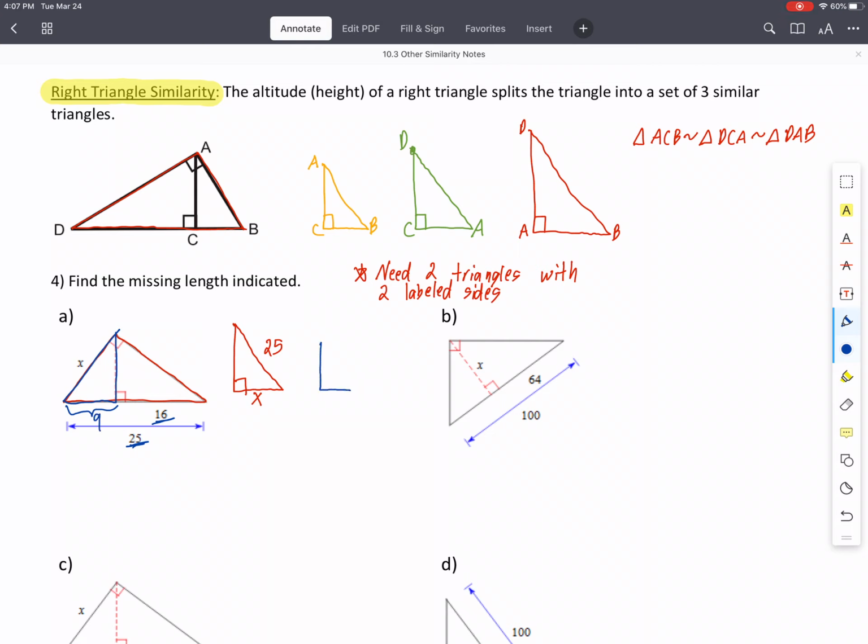So we'd have the little triangle. So we would have 9 there, and then our longest side would be X. So then we can do 25 divided by X equals X divided by 9.